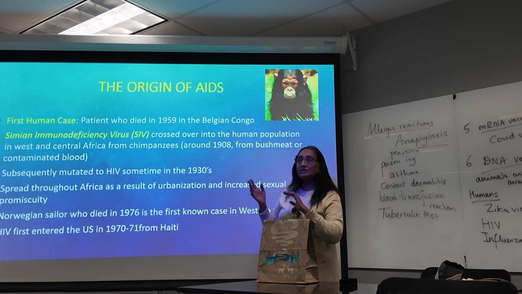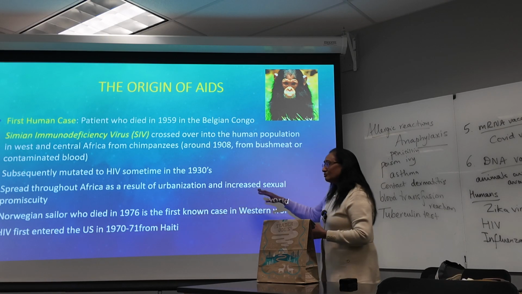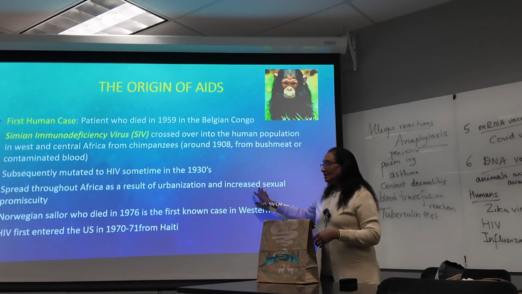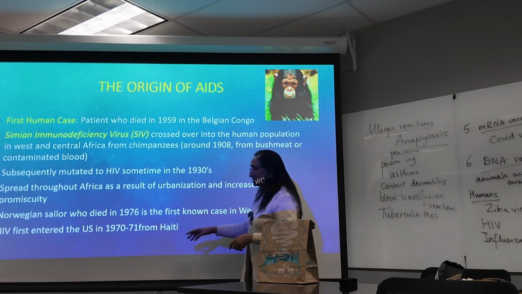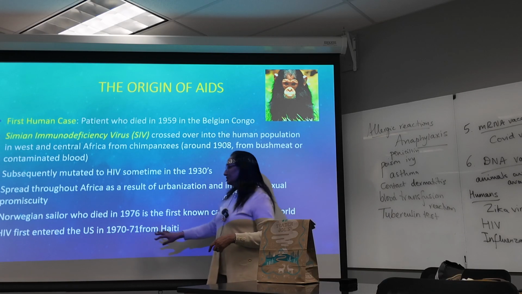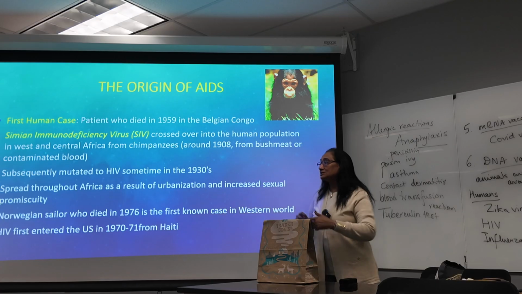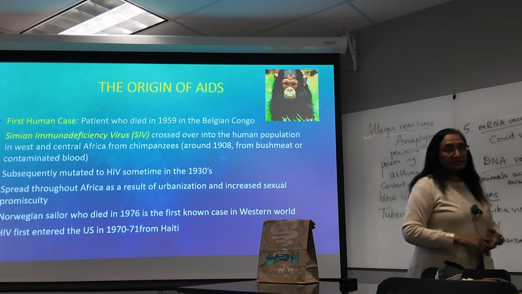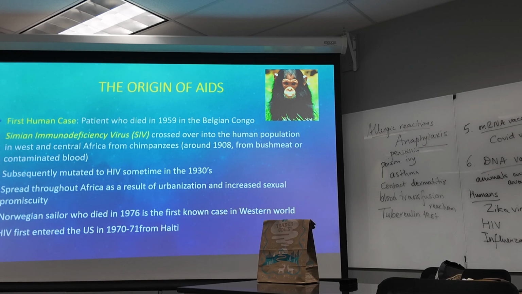That's when they think transmission happened. And then from there it spread, and into the US, I think somewhere in 1970, 71. The first known case in the Western world was a Norwegian sailor who died. And then sometime in the late 1970s, early 1980, we saw cases in the US.